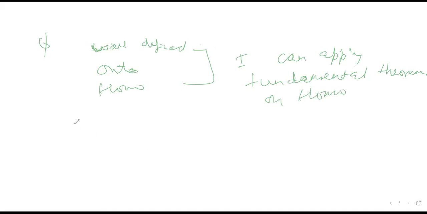Let's apply it. So it means that K upon kernel phi is isomorphic to HK upon H. This is the fundamental theorem of homomorphism. Now let's check what is the kernel of phi.